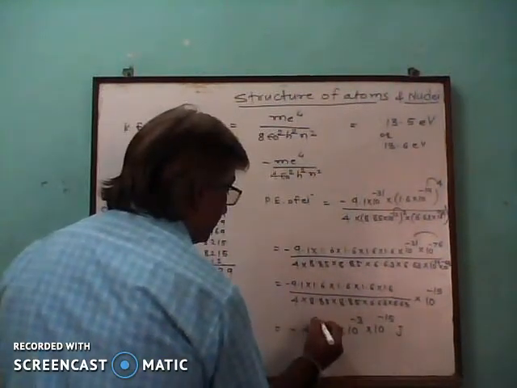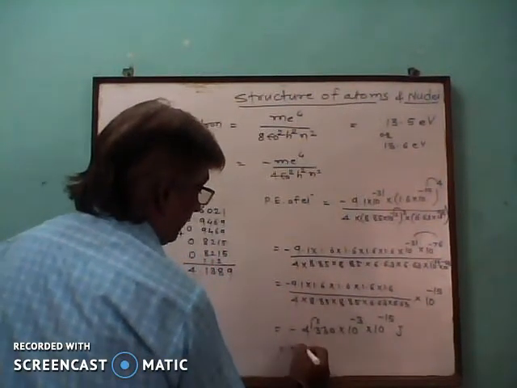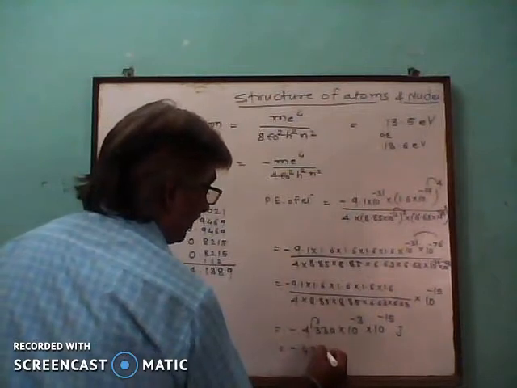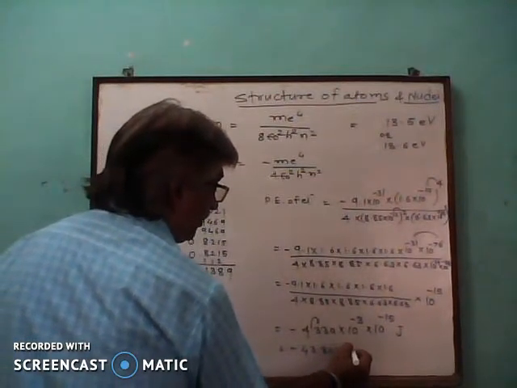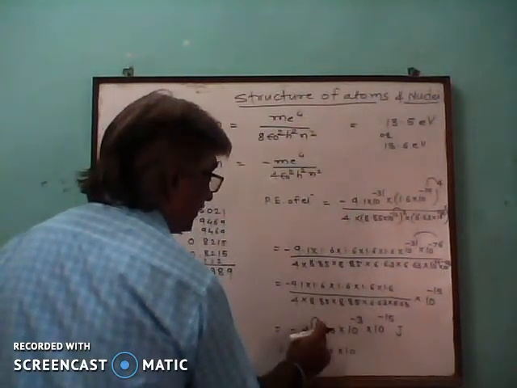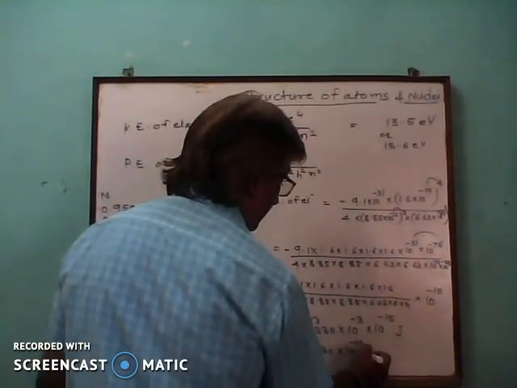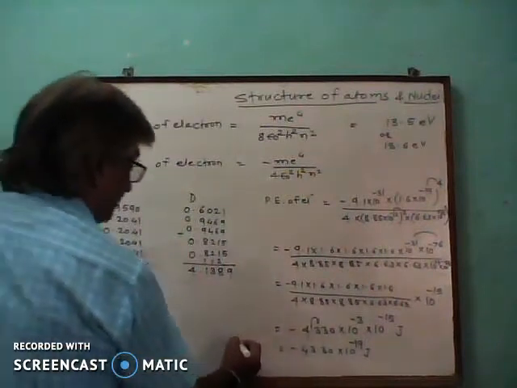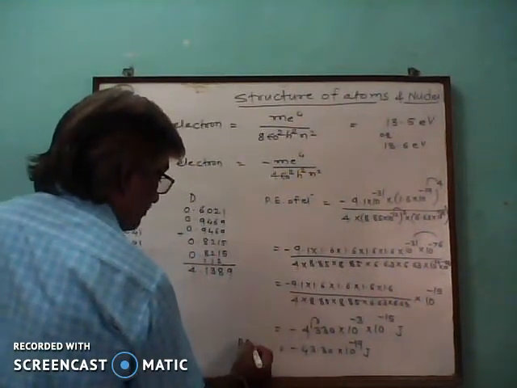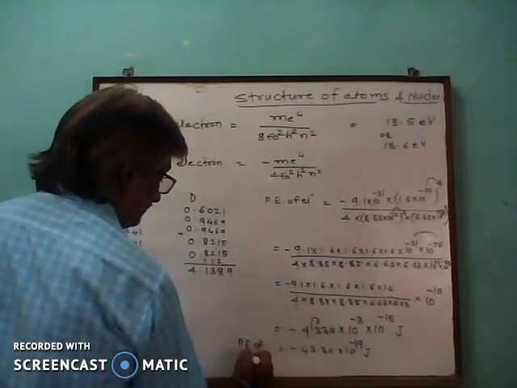Because all have minus, it will be minus. If we shift the decimal point, it will be minus 43.30 into 10 to the power minus 1, minus 4, minus 15, that is minus 19 joule. That is the potential energy of electron.